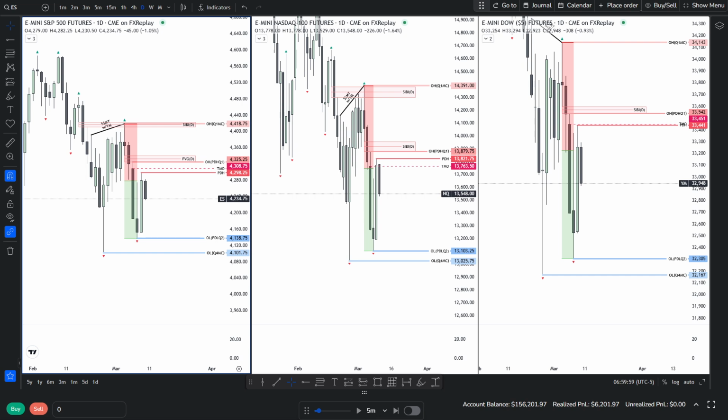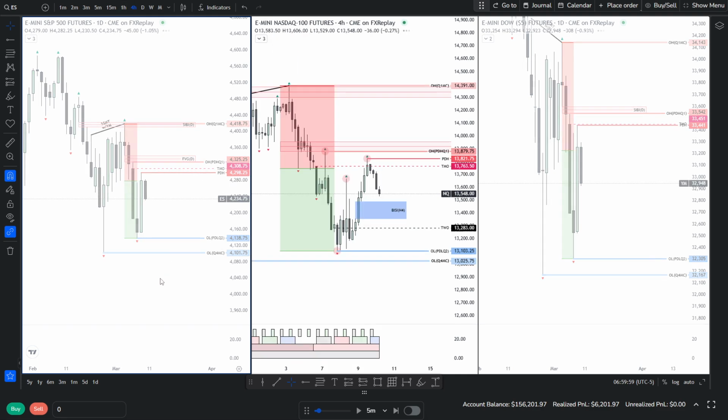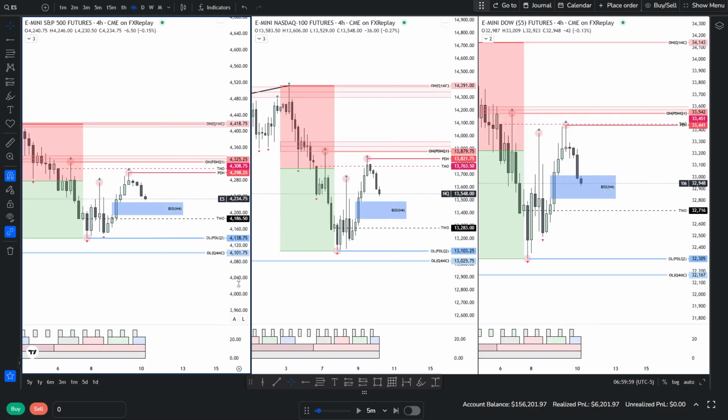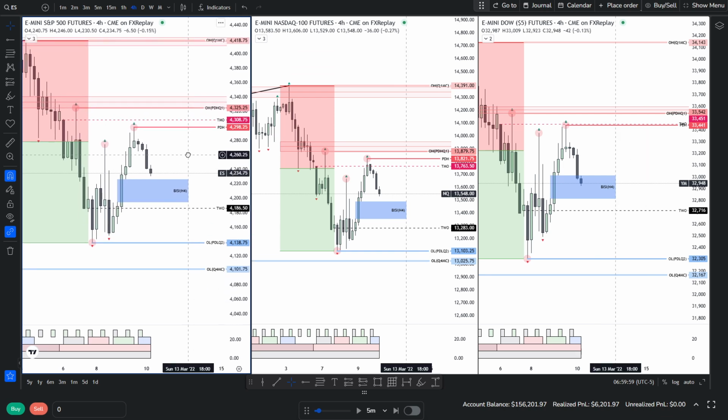Okay. Now, naturally, I do want to see a high time frame cracking correlation at the highs again to confirm and support further lower prices. However, if we see the BISI H4, so we just drop down to the 4-hour time frame now. Fair bit going on here.